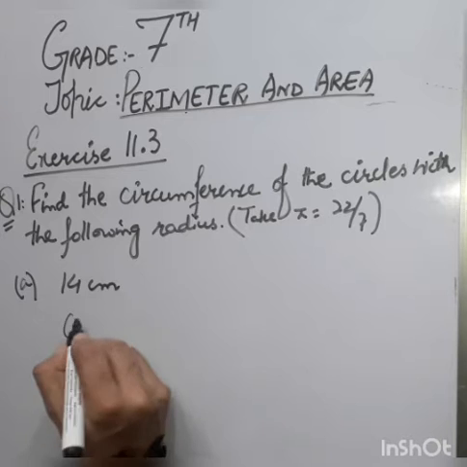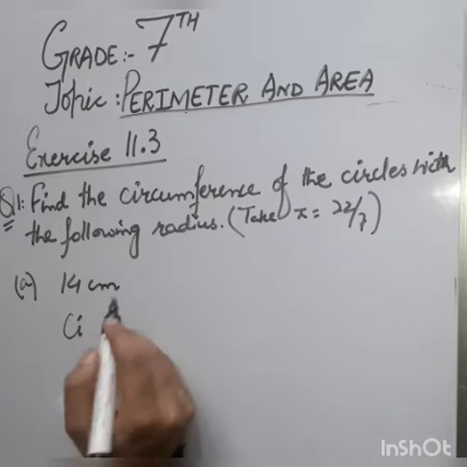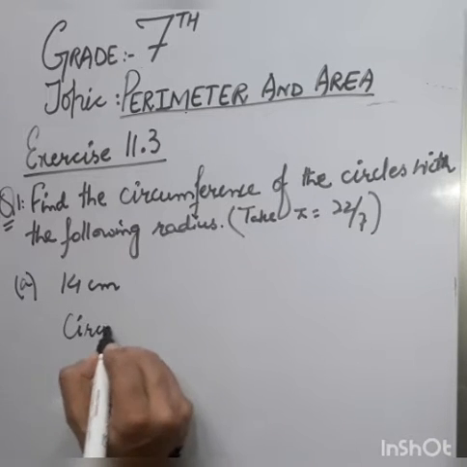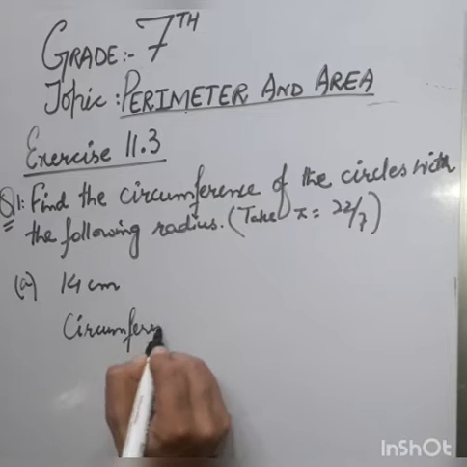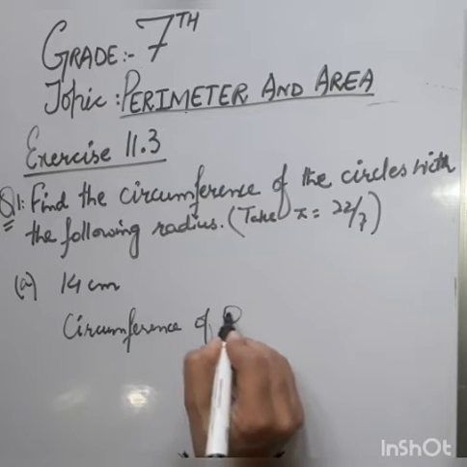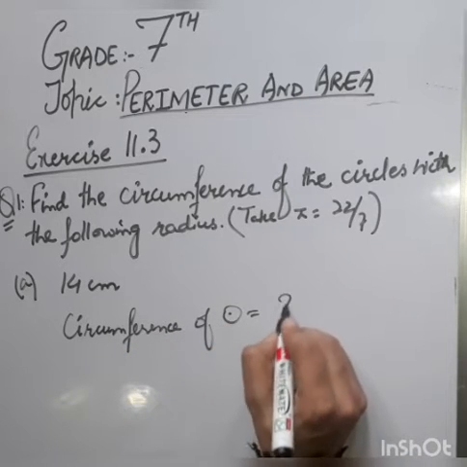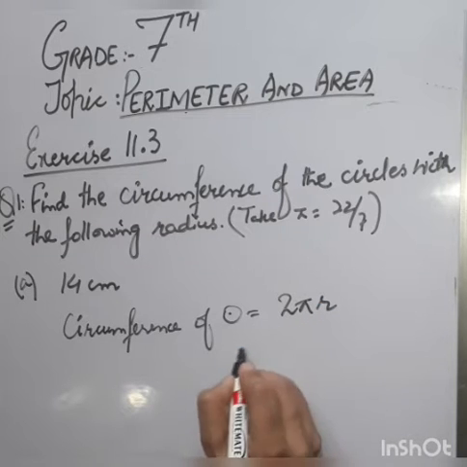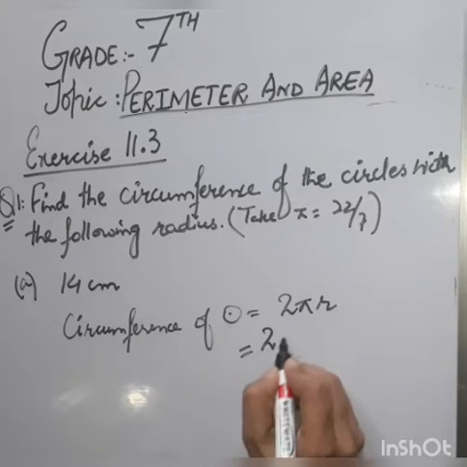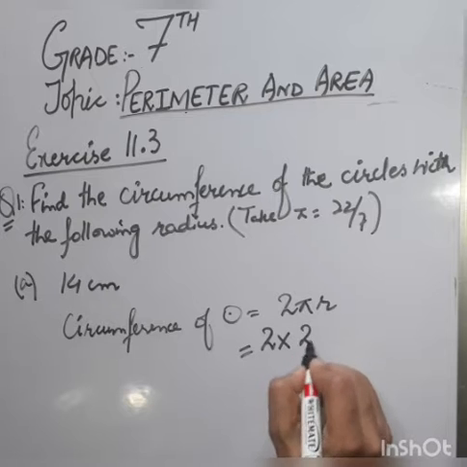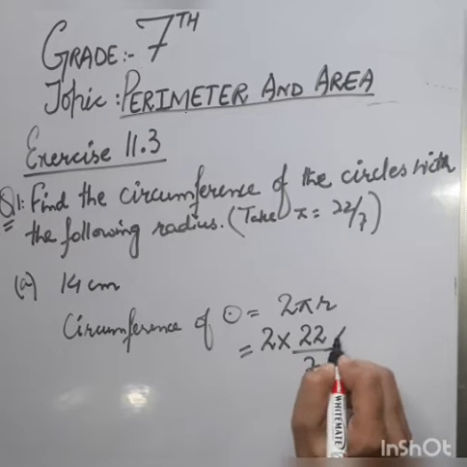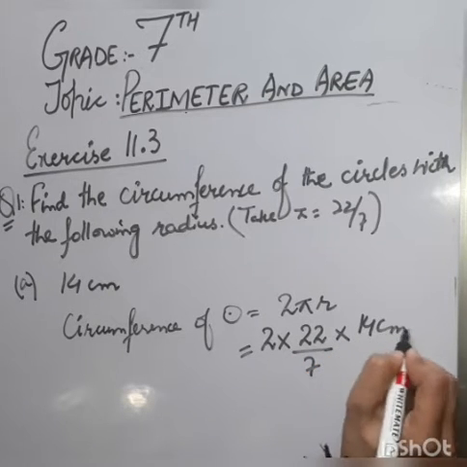Now students, I have taken part A here, which is 14 centimeters as the radius. So we know that the circumference of a circle is equal to 2 pi r. Clear? So this 2, keep it as it is. Pi we have to take as 22 by 7 and r is 14 centimeters.